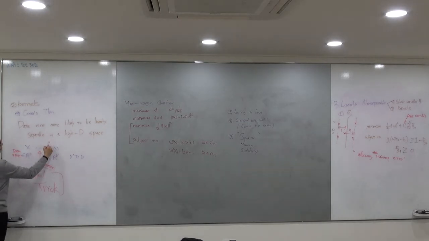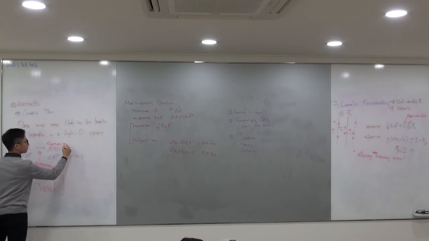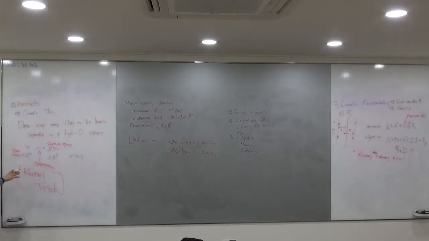I will call this space a feature space. So we project, well, this term might be misleading, but let's just think of it that way. I will project data in data space to feature space. We don't know what it will be, but it should be high dimensional.